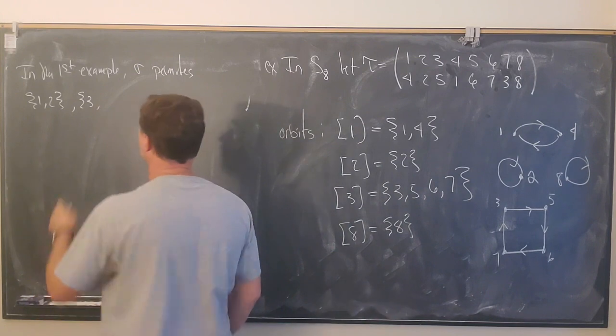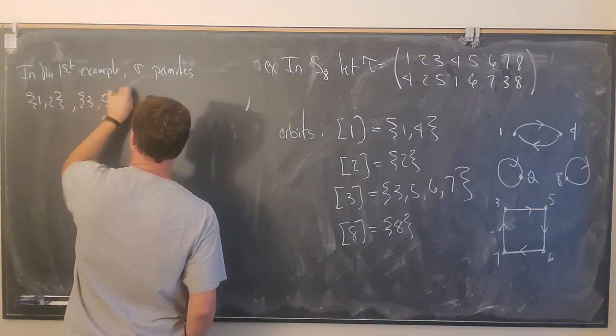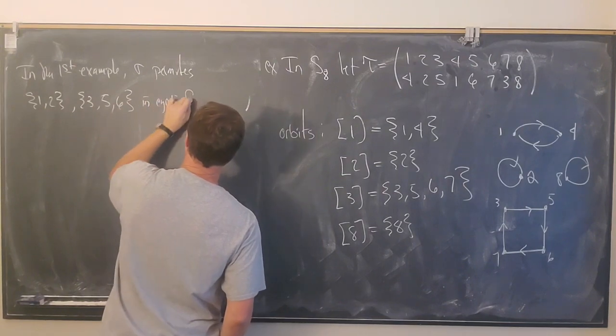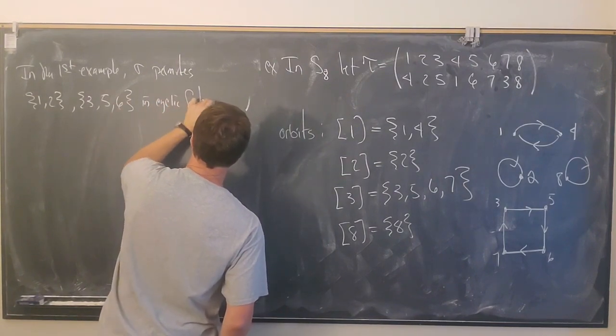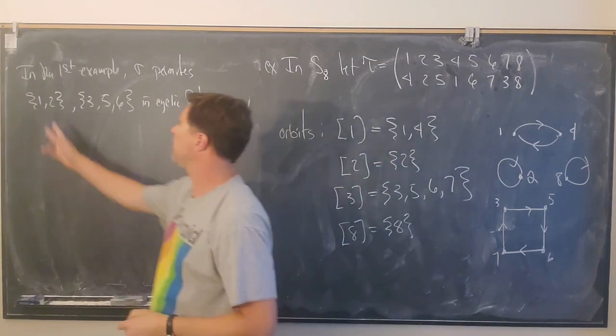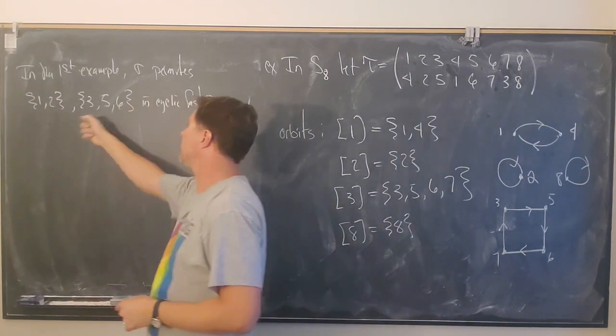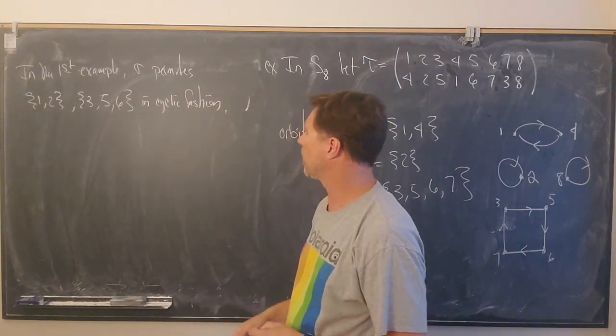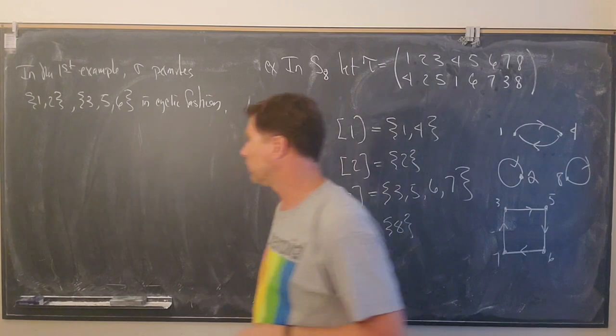Yeah, 3, 5, and 6 in cyclic fashion. And that tells you everything you need to know about how sigma behaves. It permutes this set in cyclic fashion, it permutes this set in cyclic fashion, and anybody that you don't see in that list, which in this case is just 4, gets left alone.